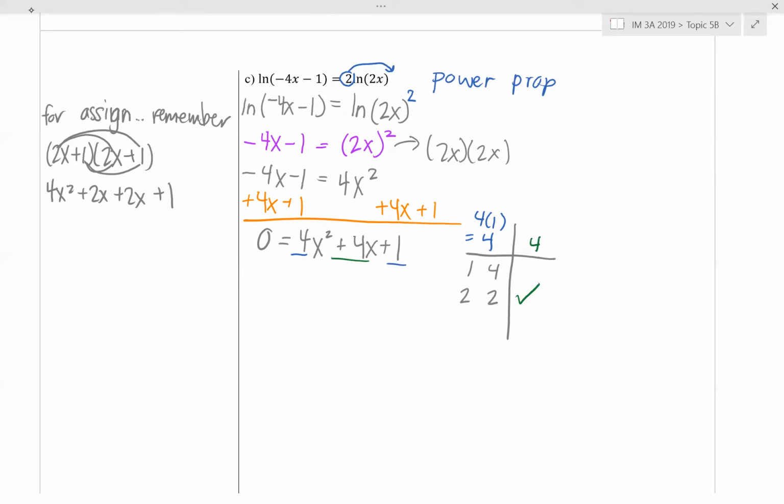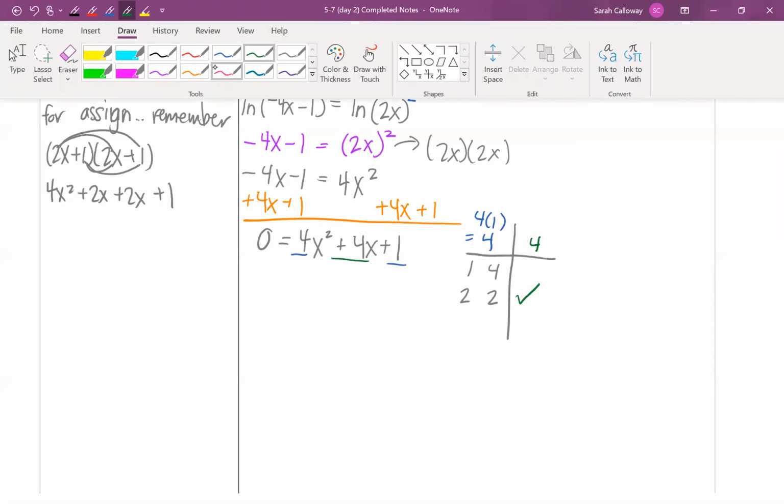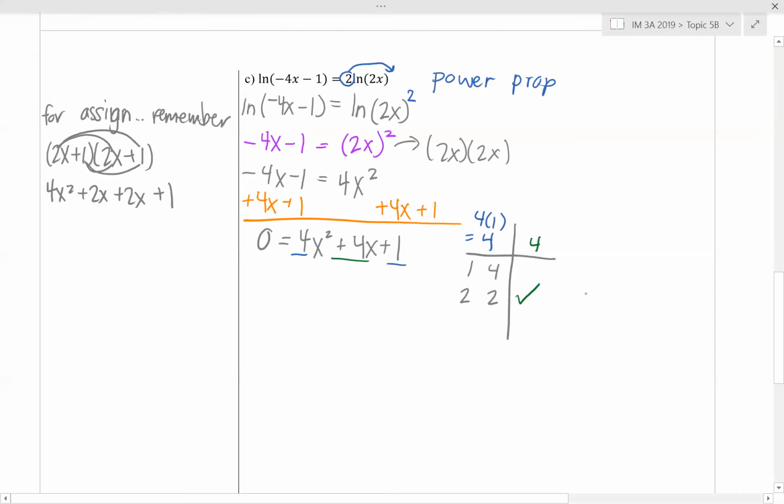Notice that we can't do x plus 2 times x plus 2. x plus 2 times x plus 2 would not multiply to 4x squared plus 4x plus 1. So we cannot use that shortcut that we used. We actually have to do grouping.